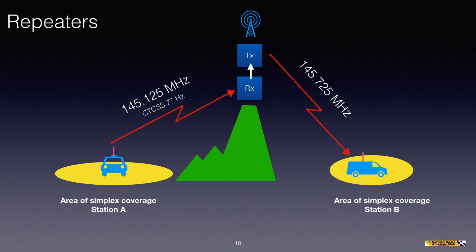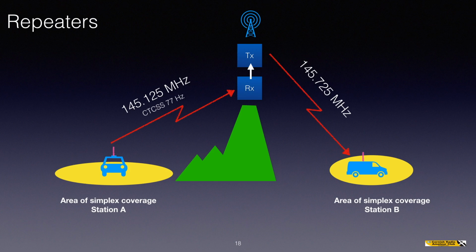So there we have it then. The station on A presses the transmit button and he transmits on 145.125. The audio then comes out of the receiver, shown on the hilltop, follows the white arrow into the transmitter and comes out at 145.725. Why do we change frequency?